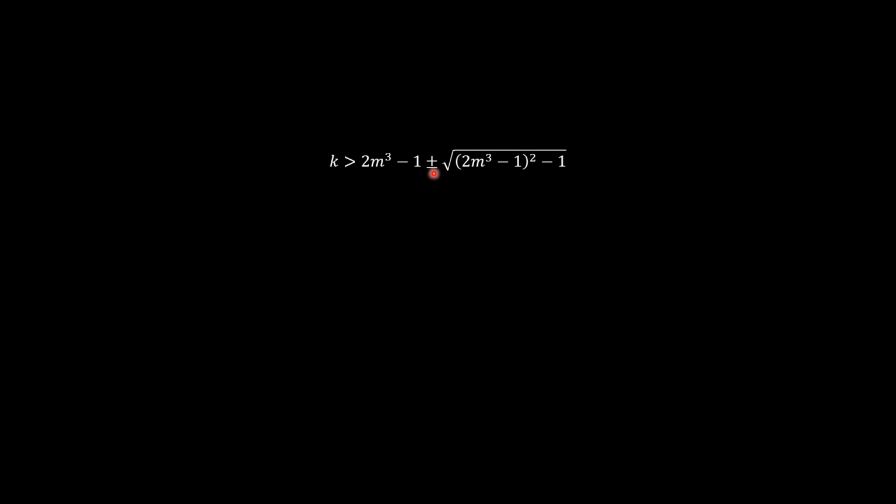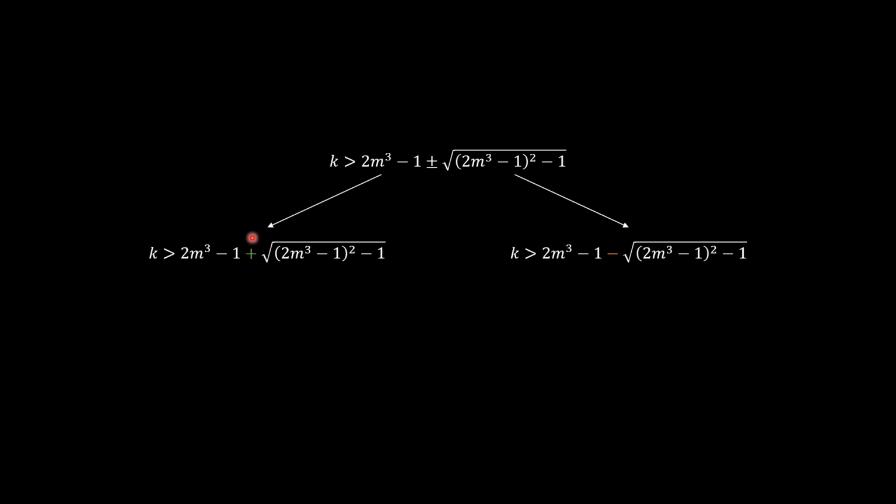There's actually still a plus minus in this inequality, which means it represents two inequalities, the one with plus and the one with minus. But because in this case a square root cannot be negative, the right value here has to be smaller than the left value, because you subtract something positive from the same term, 2m to the third minus 1.